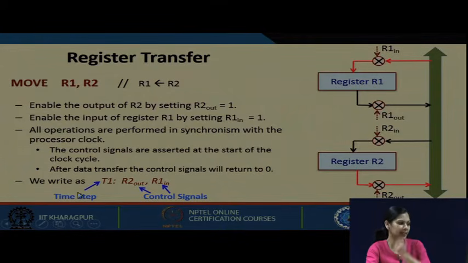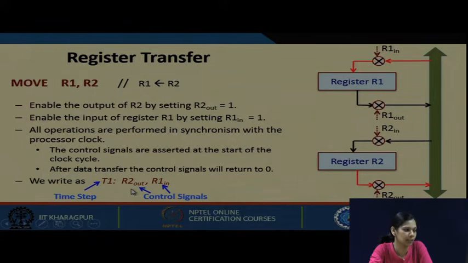To perform this, what control signals are required in a particular step? At T1 we can perform R2 out, R1 in.